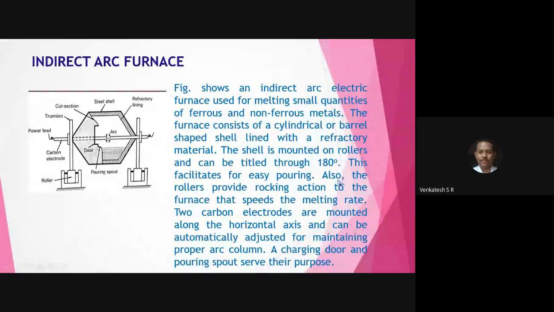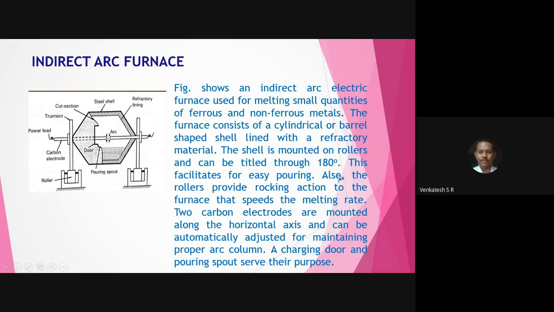Full stop. Also, put a comma. The rollers provide rocking action to the furnace. Underline the word rocking, R-O-C-K-I-N-G.